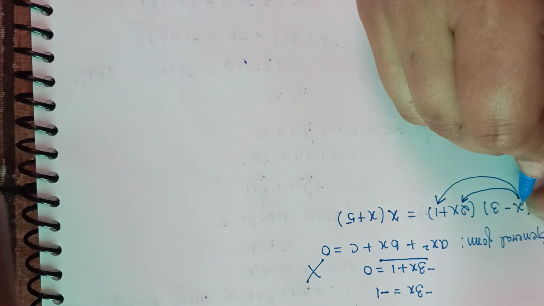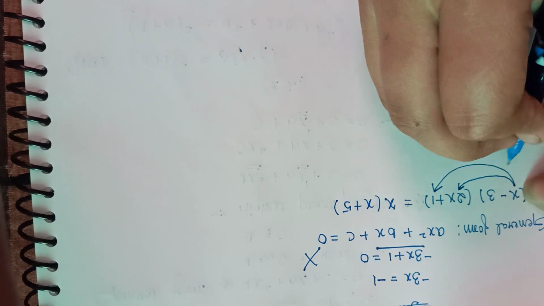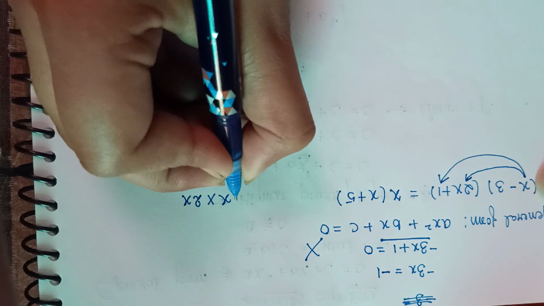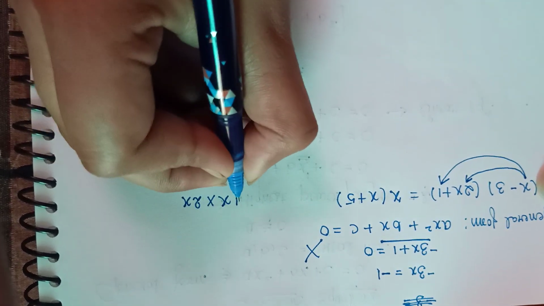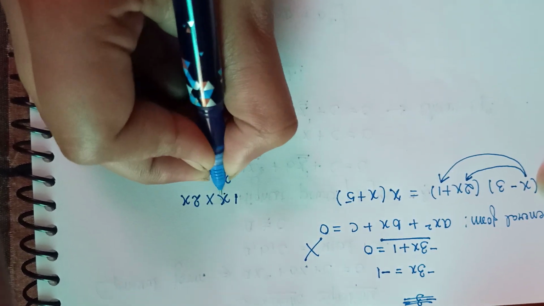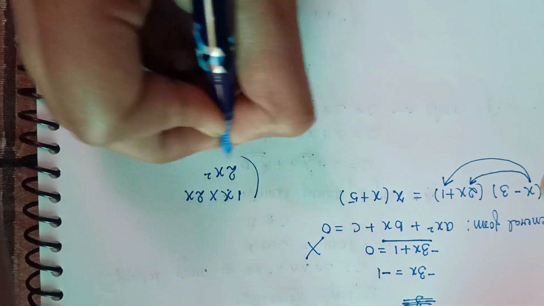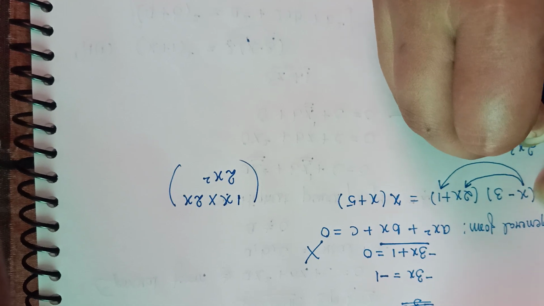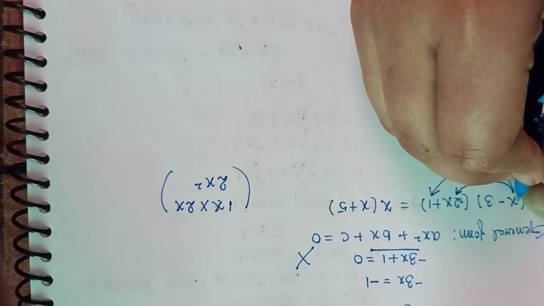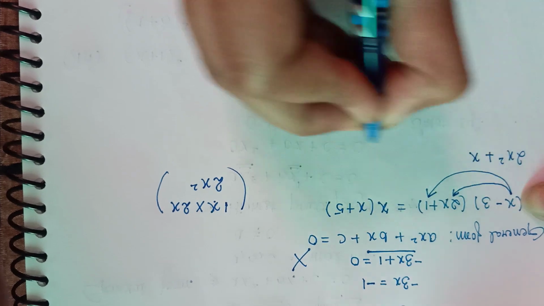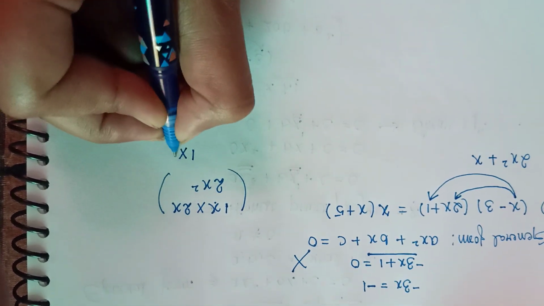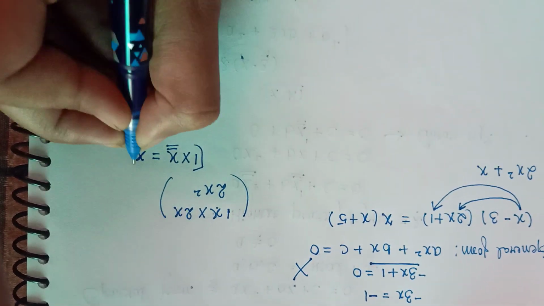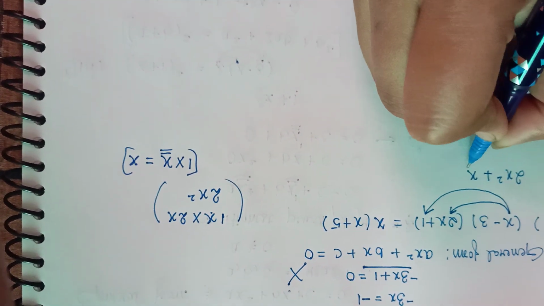So when we are going to multiply x by 2x, we will get, here I am going to explain this. So 1 2s are 2. X into x makes x square. Okay, so x into 2x makes 2x square. Similarly, x into 1 makes x. Whenever we are multiplying with 1 with any variable, we will get the same variable, that is x. So 2x square plus x.